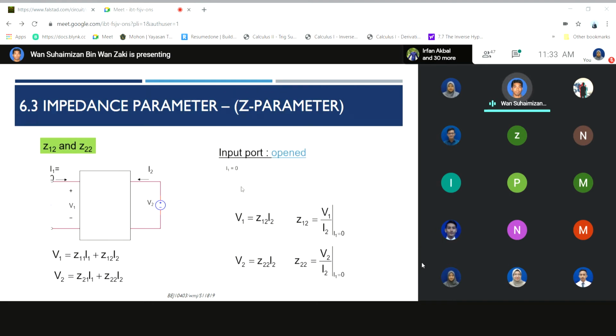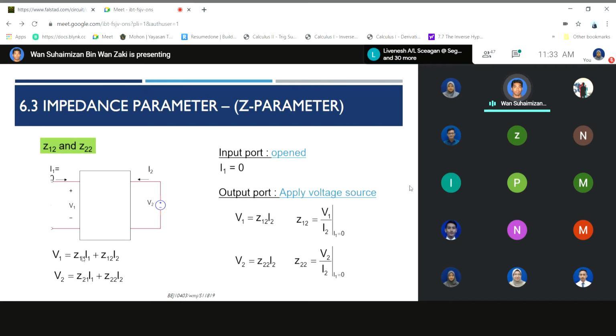So it means that your input, so you leave this become 0, you can get Z12 and Z22 into this equation.